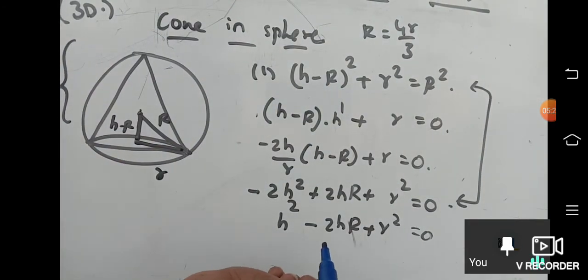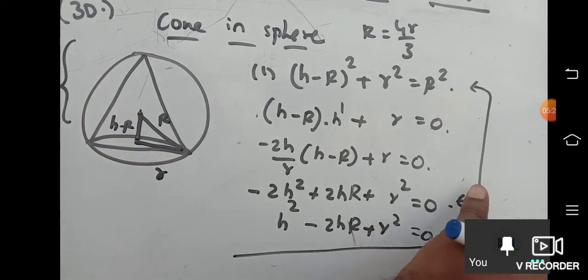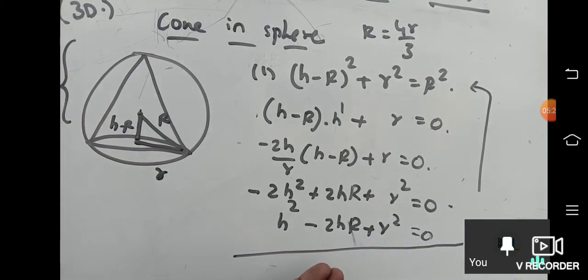Next, what do I have to do, Ram? You have to add these two equations. Why do you have to add them? Actually, you can add or subtract, anything is fine.